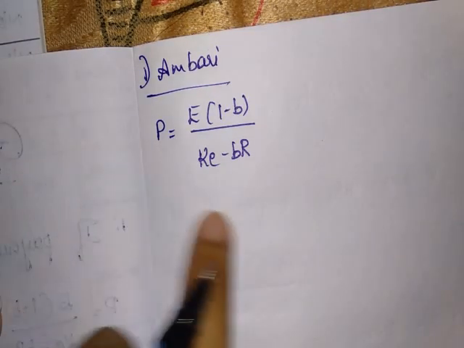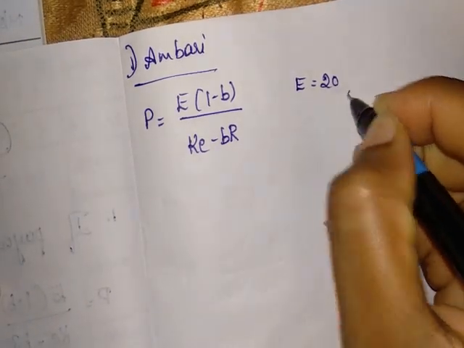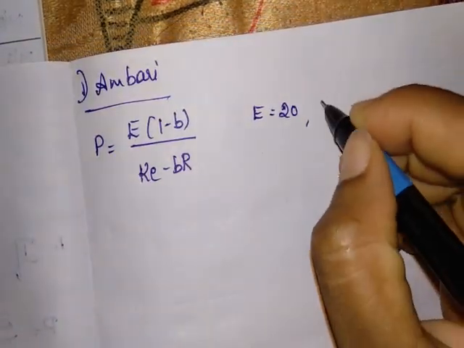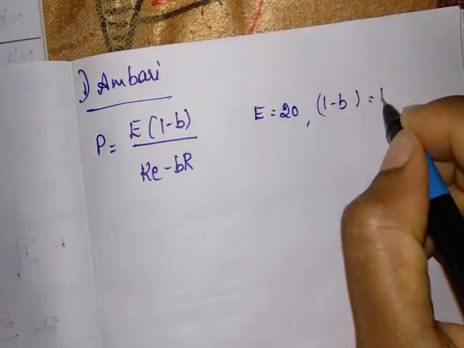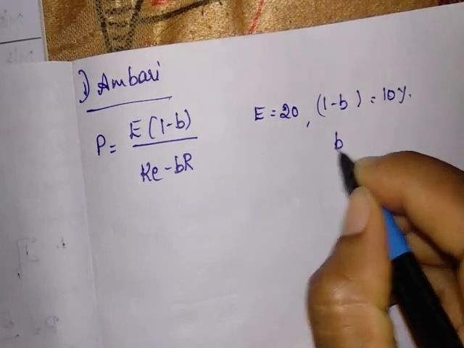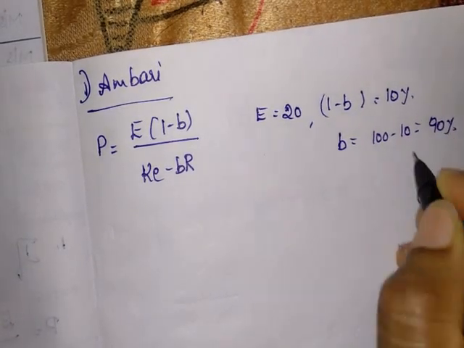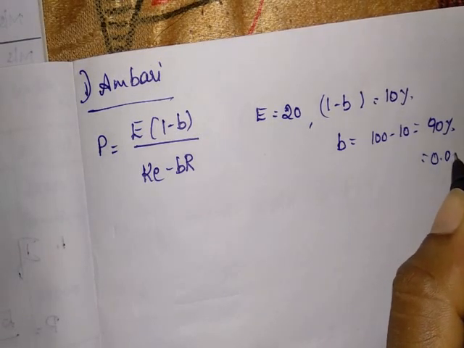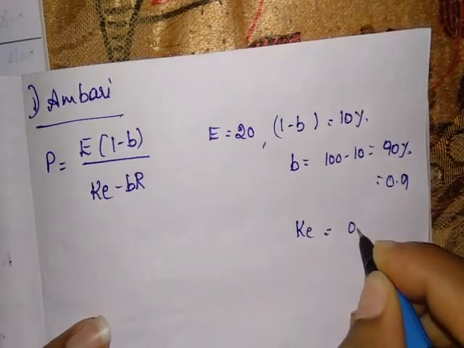First company, Ambari, and its market price calculation. This is the formula. As per the problem, EPS is rupees 20 and 1 minus B for the first company is 10%. So B means 100 minus 10%, it is 90%, that is 0.9. KE is 0.16.